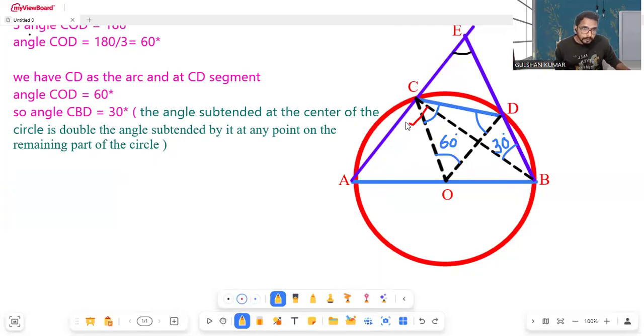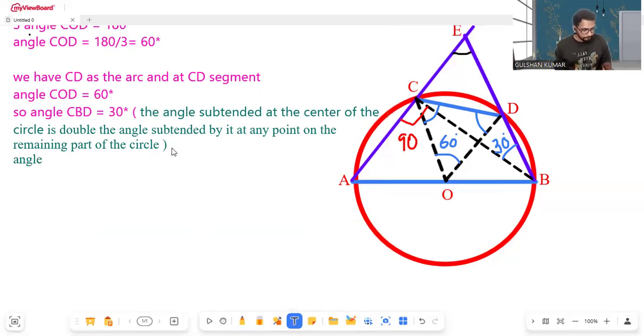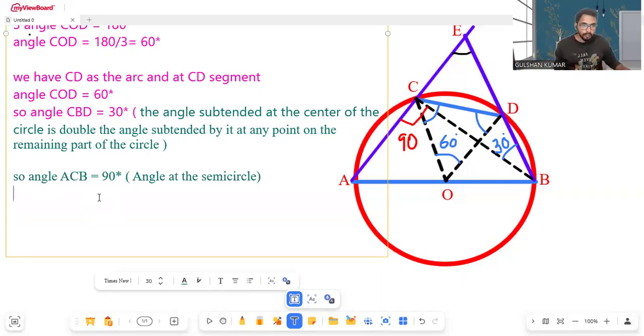So angle ACB equals 90 degrees, angle in a semicircle.